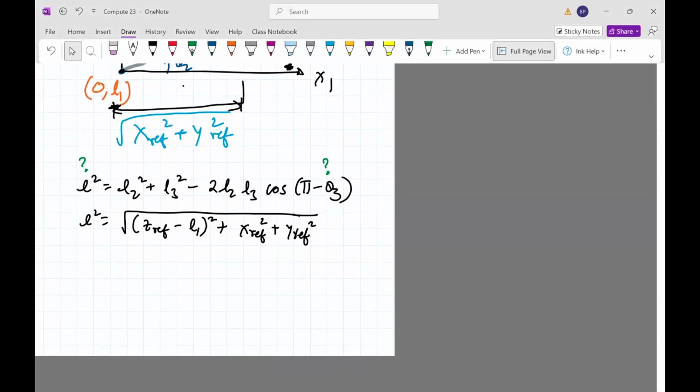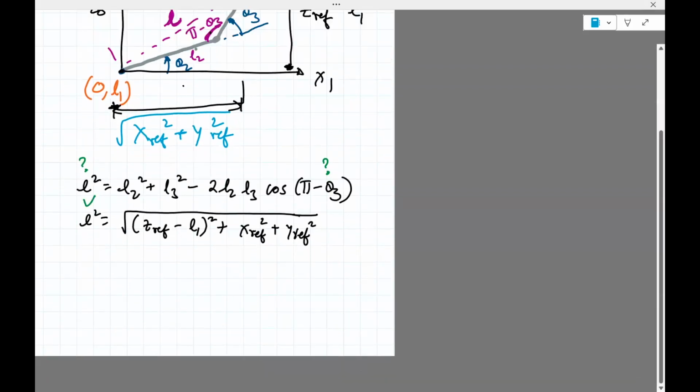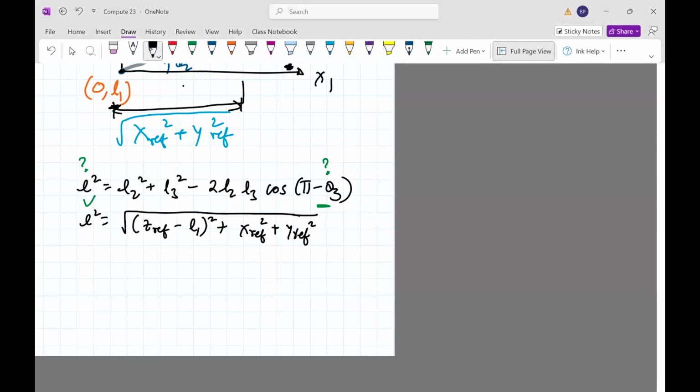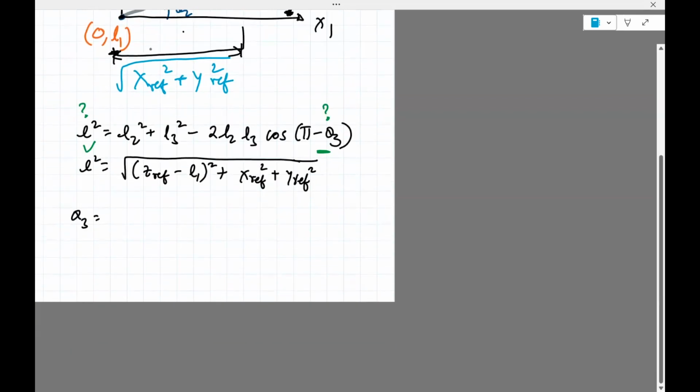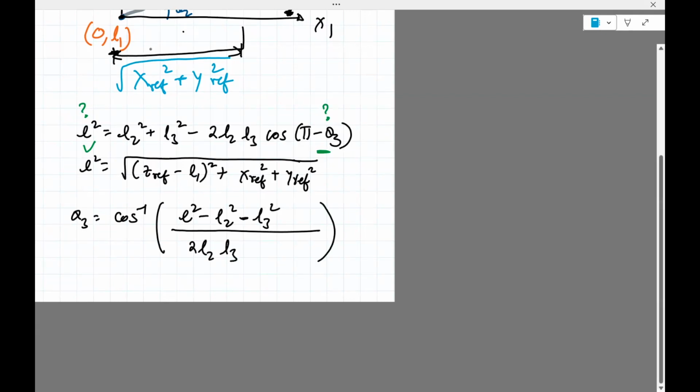Okay, so now L is known. We only have to compute theta 3. So you can now compute theta 3. It's going to be cosine inverse of (L squared minus L2 squared minus L3 squared) divided by 2 L2 L3, where L is given, and then the only unknown is theta 3.